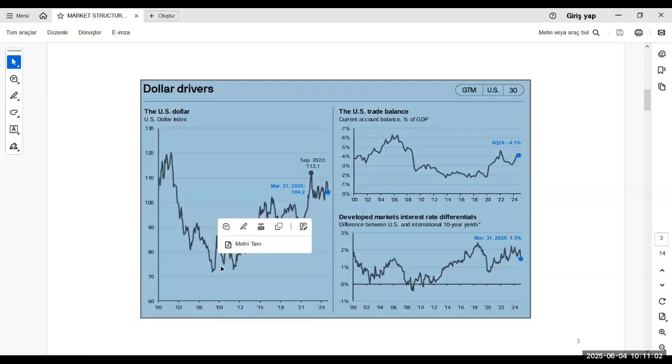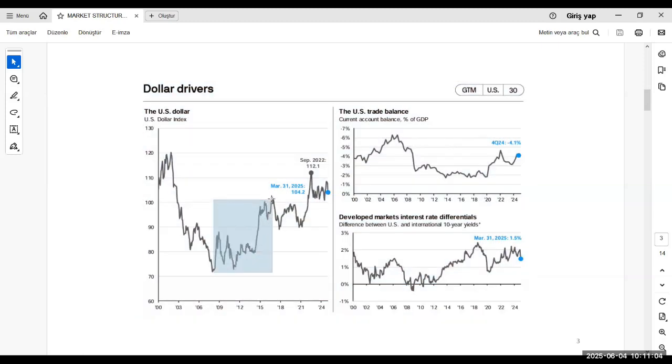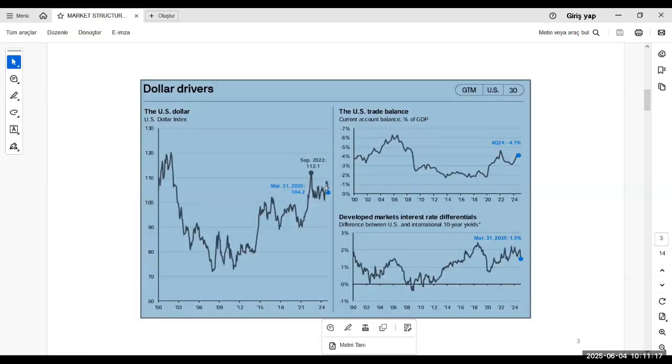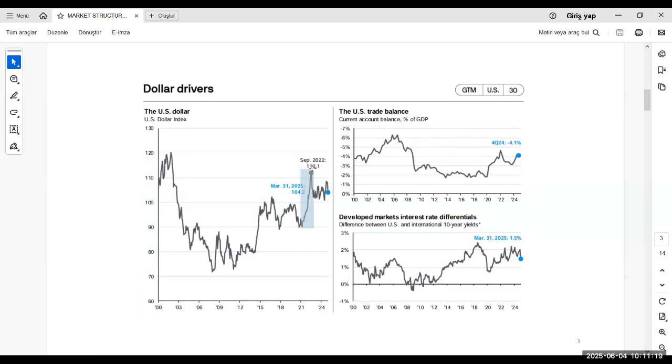After the central banks started their quantitative easing policy, the dollar spot exchange rate found a balance, had a recovery process, and reached the benchmark level of 100. And now in 2025, after the COVID financial crisis, today it is around 100.